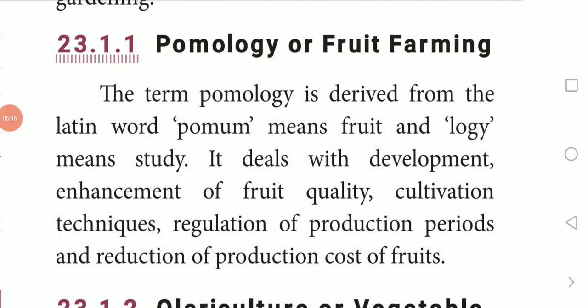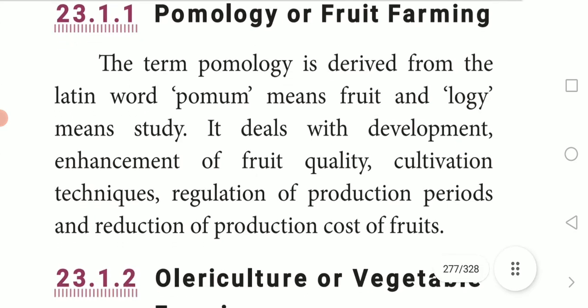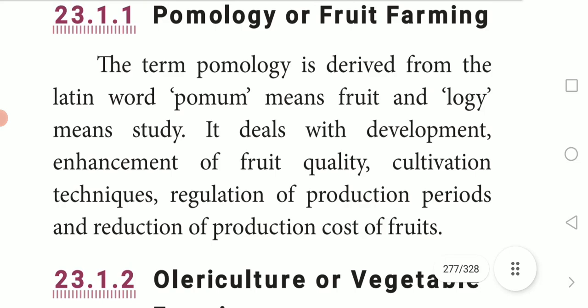We'll see the different types of horticulture one by one. The first one is pomology, or fruit farming. The term pomology is derived from the Latin word pomum meaning fruit, and logy meaning study. The study of fruits we call pomology. They'll ask you this as a one-word or 2-marks question, so you can underline it.